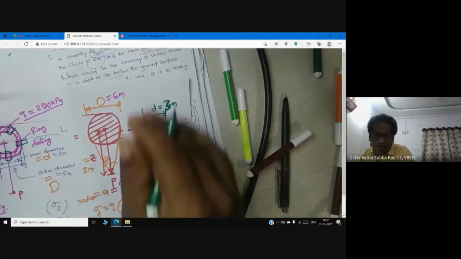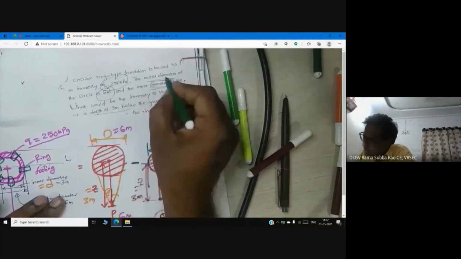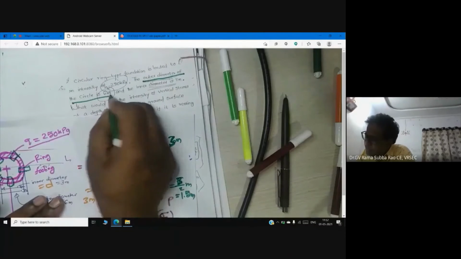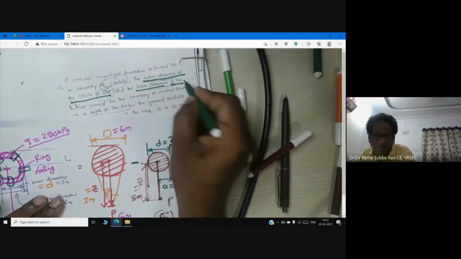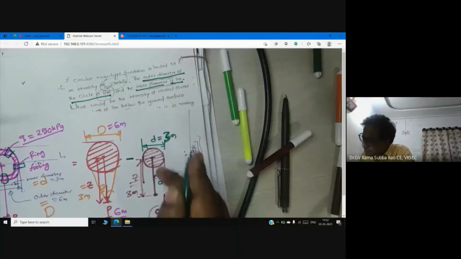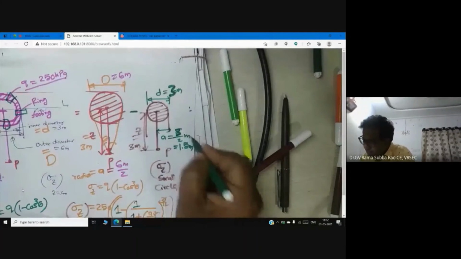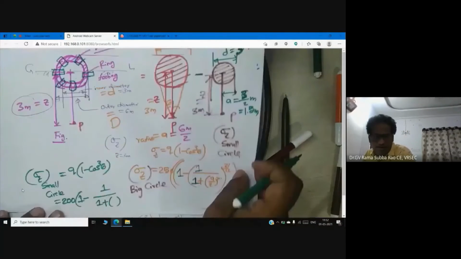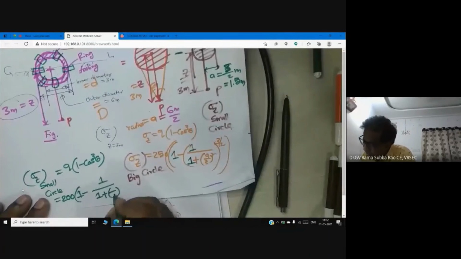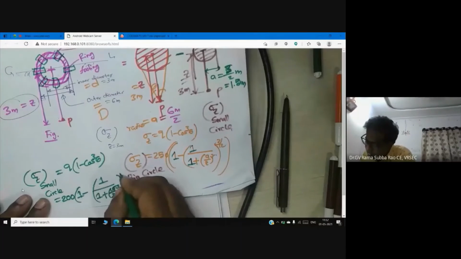Here you can see in the question, the outer diameter of the circle is 6 meter and the inner diameter of the circle is 3 meter. Now 3 by 2 is 1.5. Now we can write here a by z, z is 3. What is my small a? 1.5. This will be whole square, whole power 3 by 2.